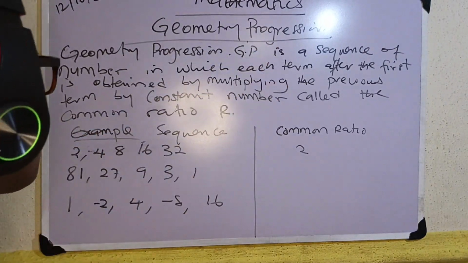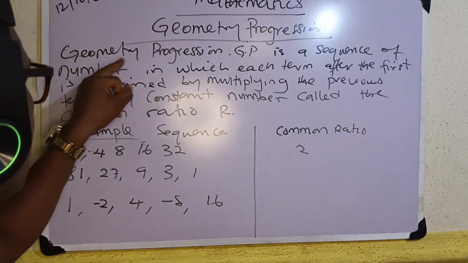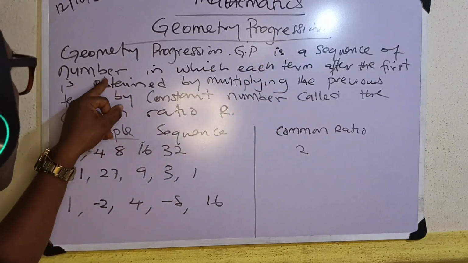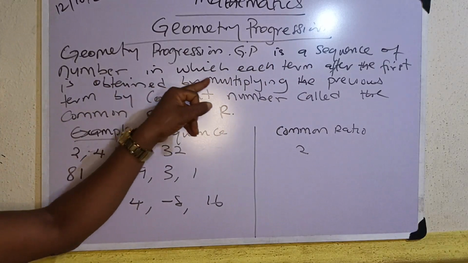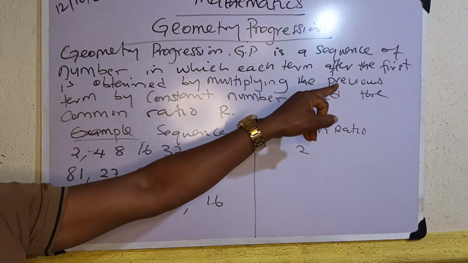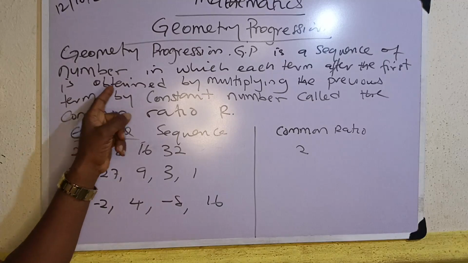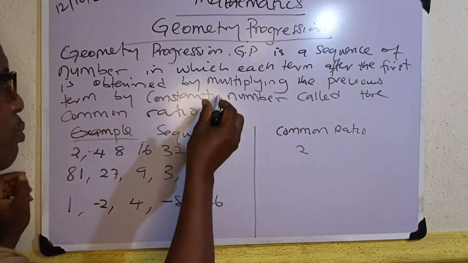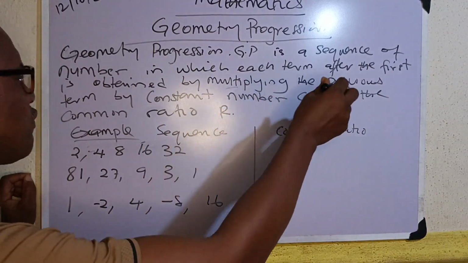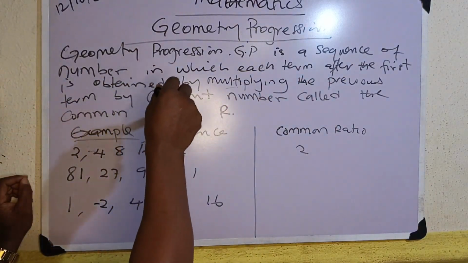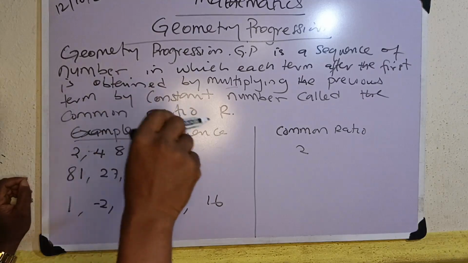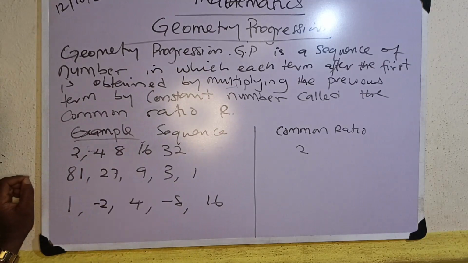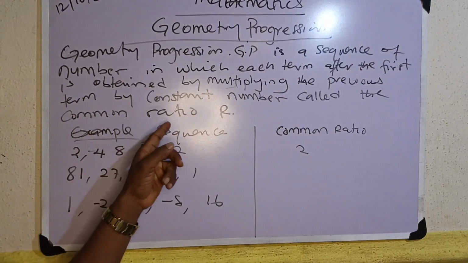Geometric progression. The meaning is that geometric progression, GP, is a sequence of numbers in which each term after the first is obtained by multiplying, take note of this one, by multiplying the previous term by a constant number called the common ratio.